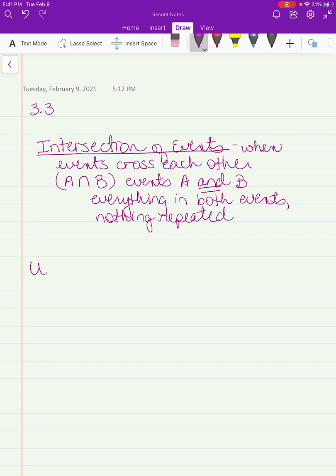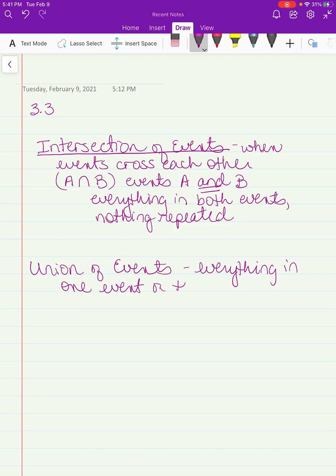And then the other thing we're going to talk about is the union of two events. And this is everything in one event or the other event or both events.